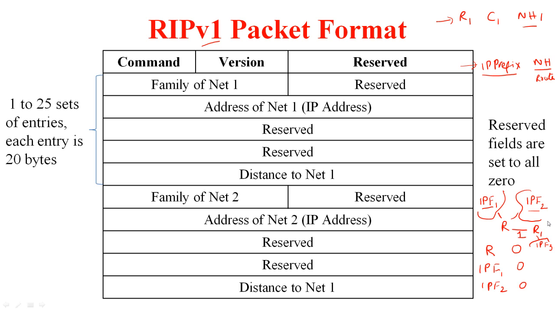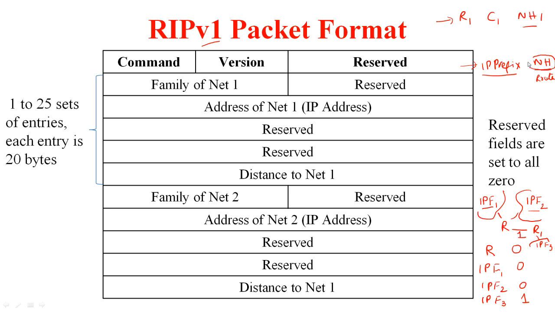Now this router could have heard from its neighbor R1, which is directly connected to IP prefix 3, in which case this router can also advertise that I can reach IP prefix 3 at a cost of 1, because it goes to router R1 at a cost of 1. So this is the information that is actually exchanged with the other neighboring routers.